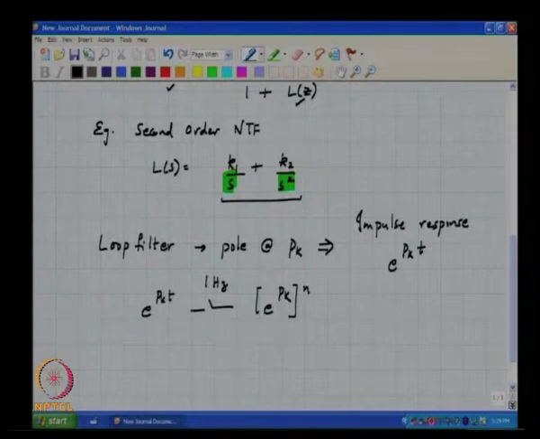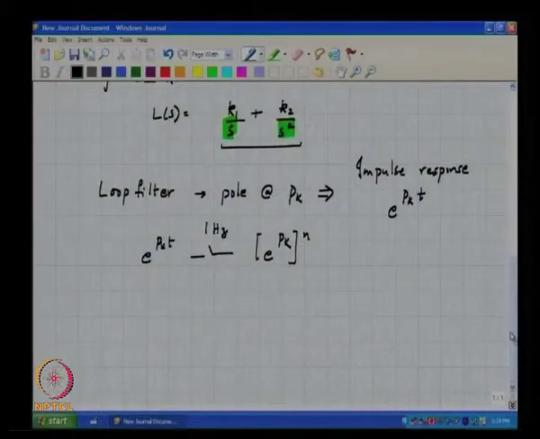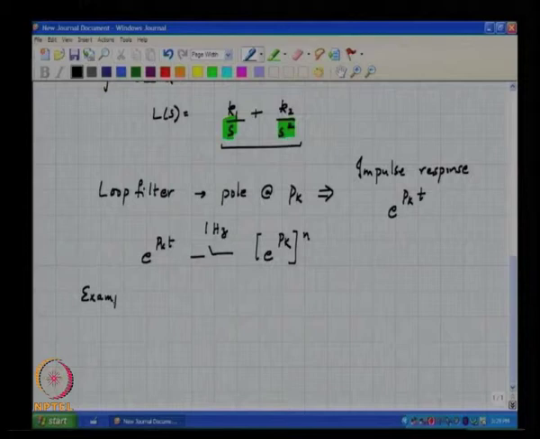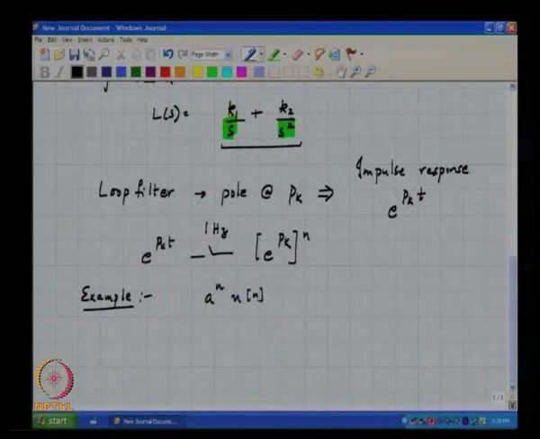So what does this say as far as the pole of the discrete time sequence is concerned? Let me refresh your memory and mine too. If a discrete time sequence a to the power n times u of n is there, what is the z transform of this?